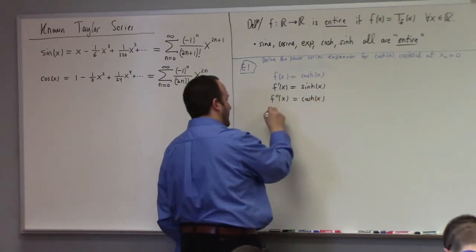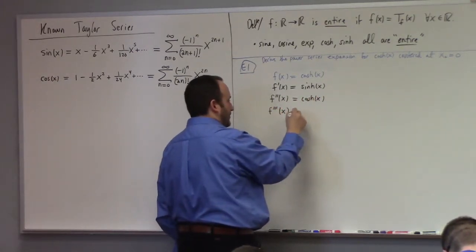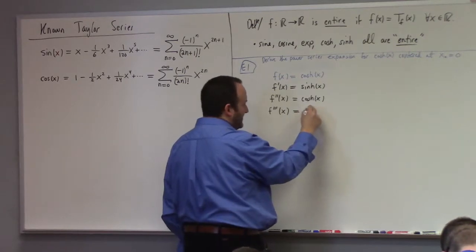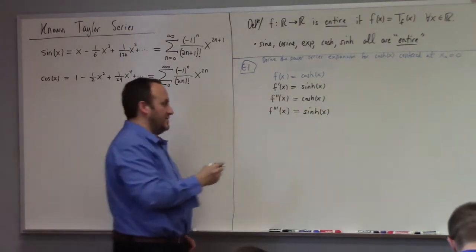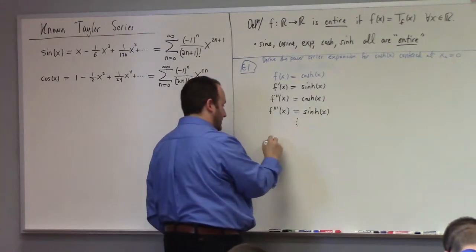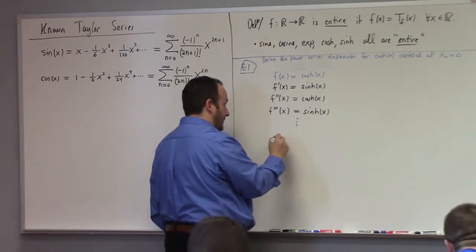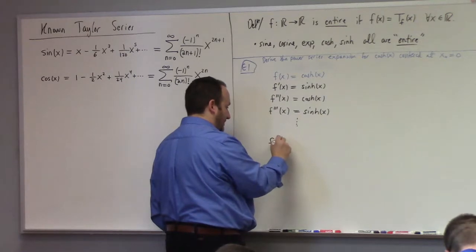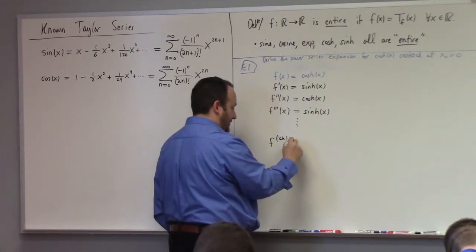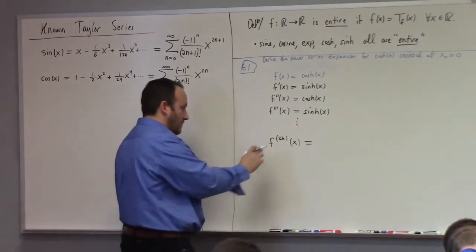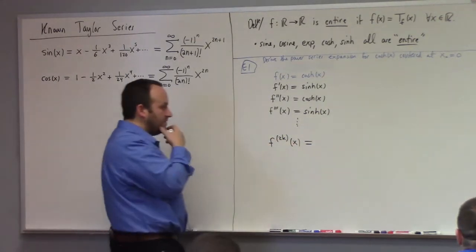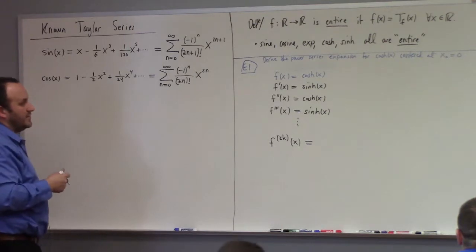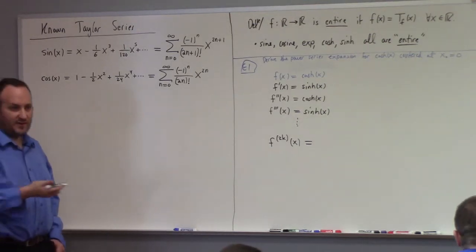What's f triple prime of x? Sinh x. I think you see where this is going. Dot dot dot. If we take the 2k-th derivative, any even derivative, we get what? Cosh of x is all even derivatives.